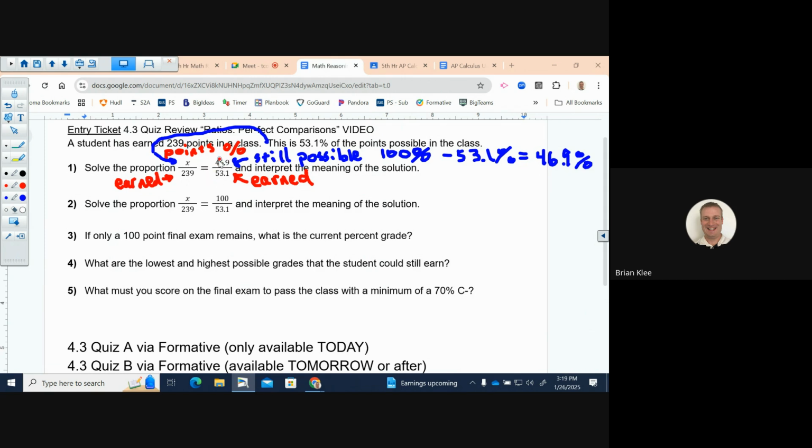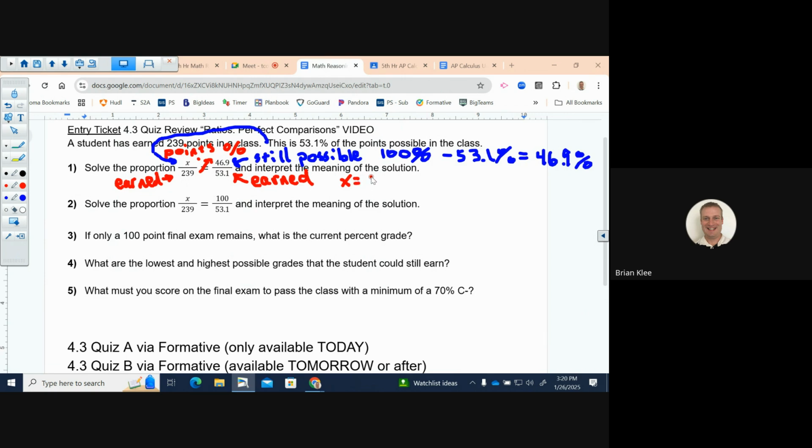We got two parts, part to part, with this proportion. So we grab our calculator. We are going to multiply 239 by 46.9. Get a really big number, 11,209.1, and then divide by 53.1. So cross multiply and divide.